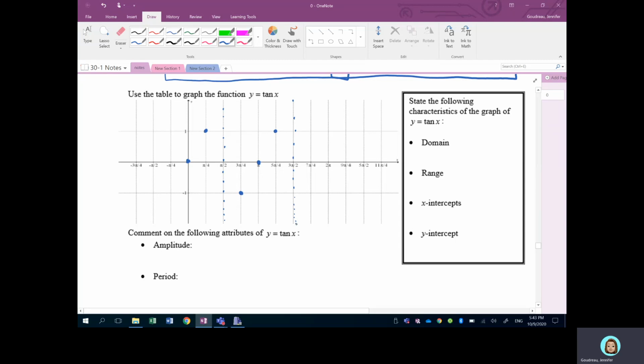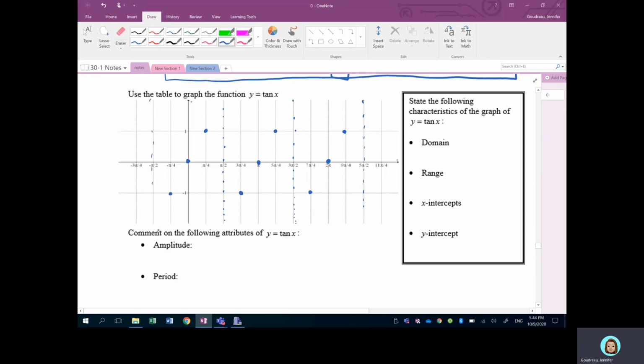Now, it's kind of hard to see here because we just have the dots on there. But here's what ends up happening. If we just keep continuing the pattern, this is going to go back down to negative 1, back to 0, positive 1, asymptote. We could work backwards here. Negative 1, asymptote. Here's what it ends up looking like.